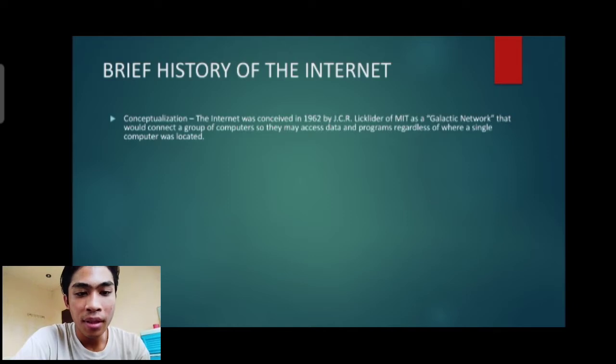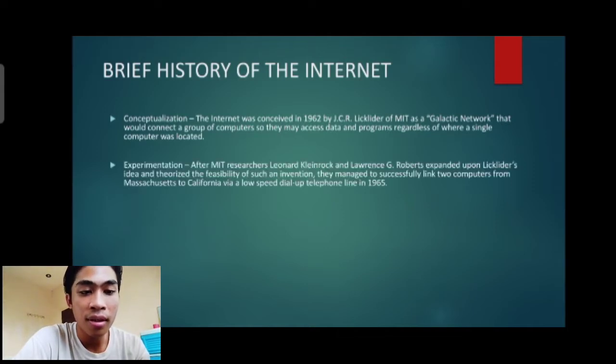The internet was conceived in 1962 by J.C.R. Licklider of MIT as a galactic network that would connect a group of computers so they may access data and programs regardless of where a single computer was located.